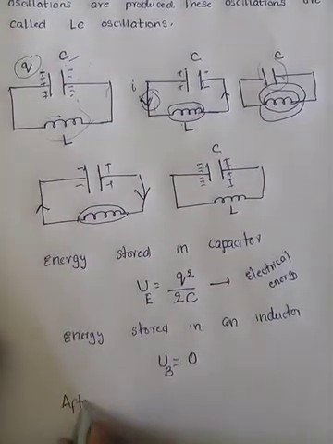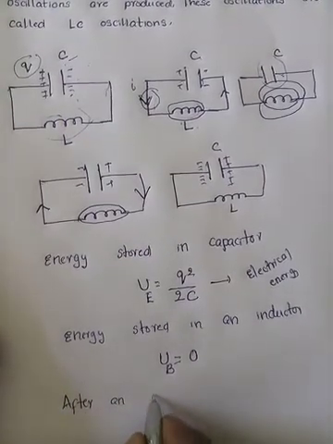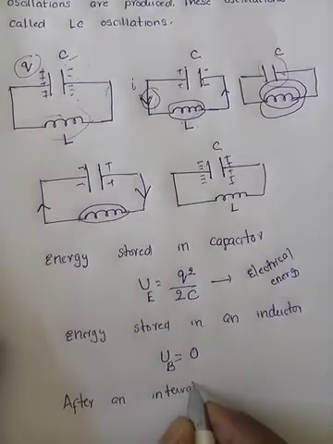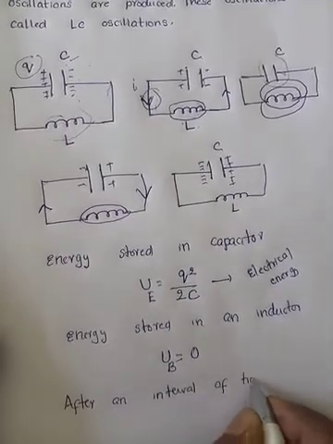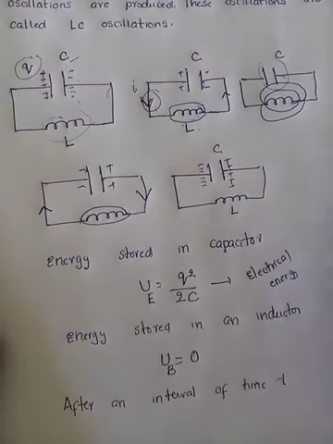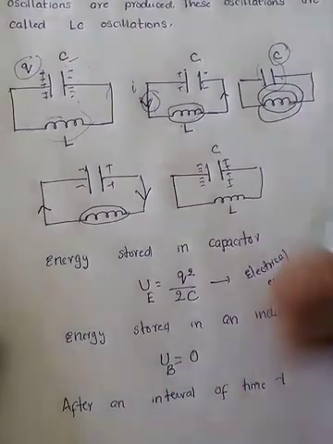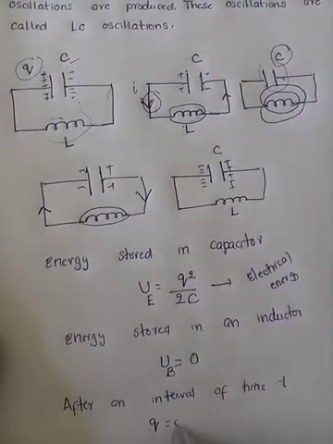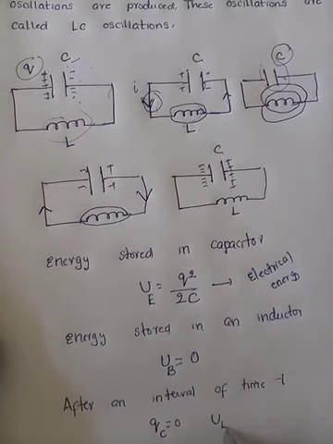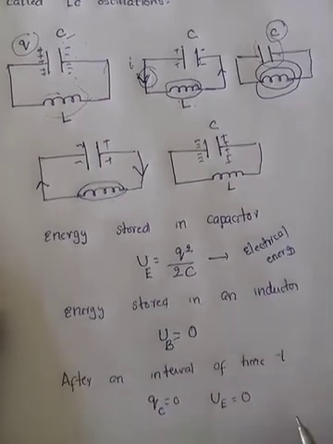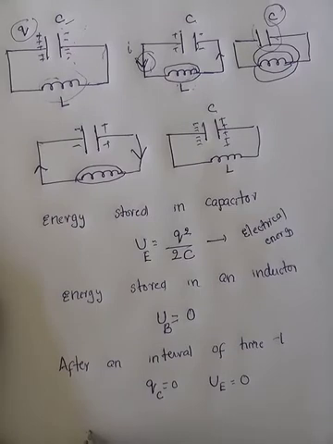After an interval of some time, what do you observe? The charge on the capacitor is 0. So the energy stored in the capacitor is 0. Now what about the magnetic field?